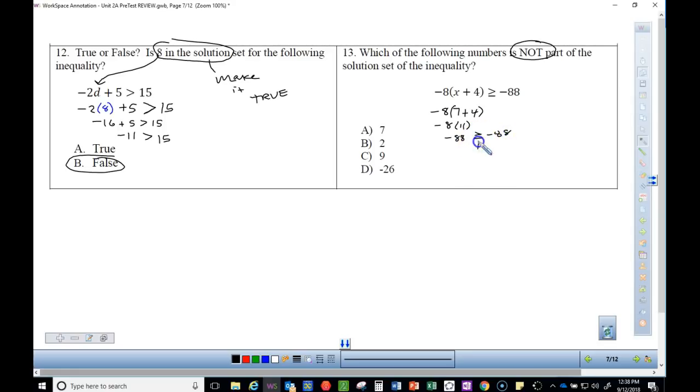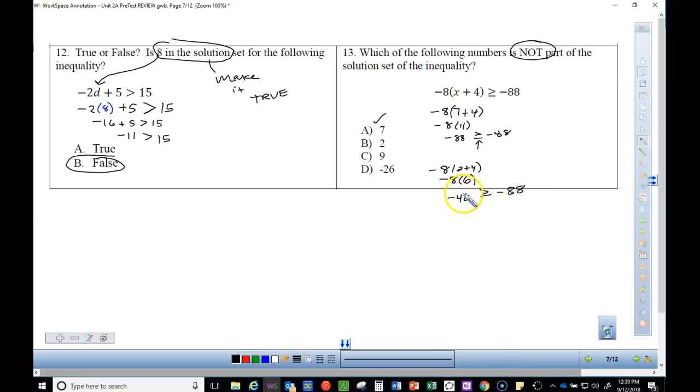Yeah, because of the equal to, right? So that one works. So if I try 2, I'd have negative 8 times 2 plus 4, which would be 6. So negative 8 times 6.